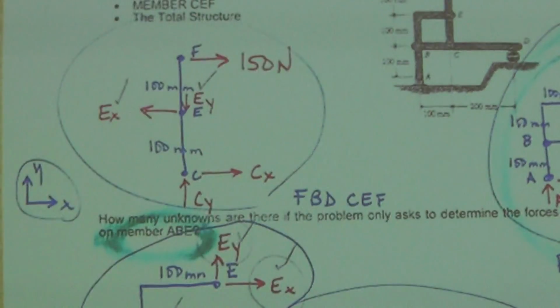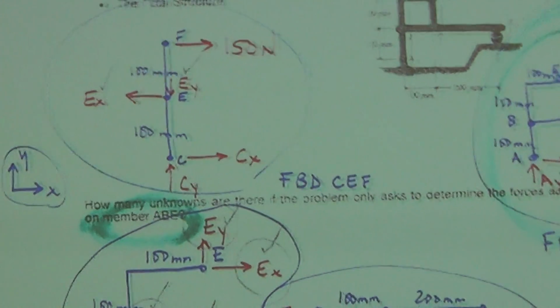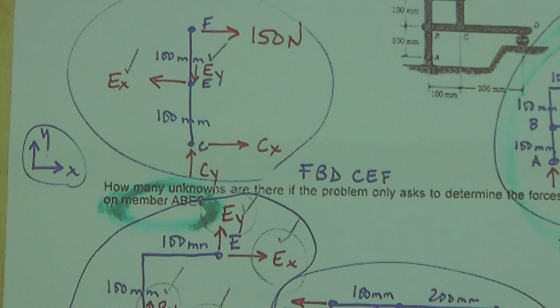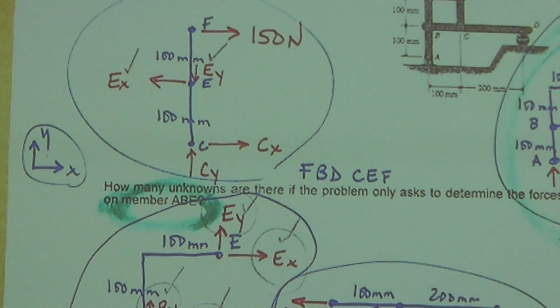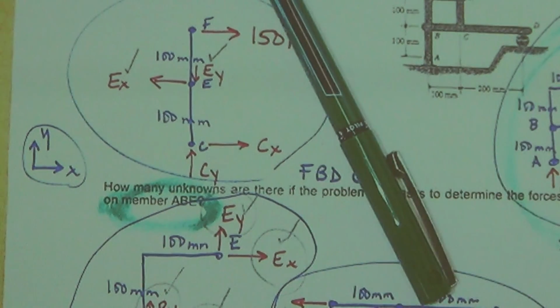DJ? I'm still just a little confused why you don't draw forces at B, E, and C on the total free body diagram. Sure. Why do we not draw forces here, here, and here? Because they cancel out, on the pins.